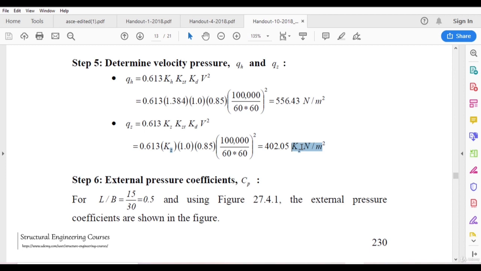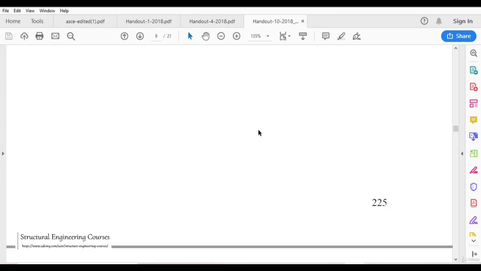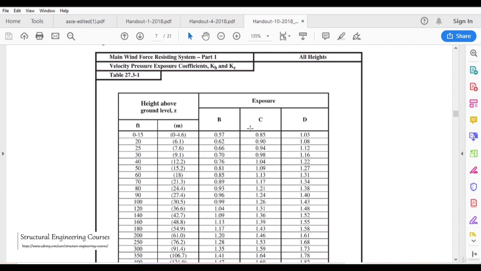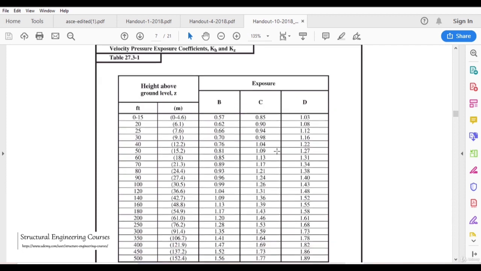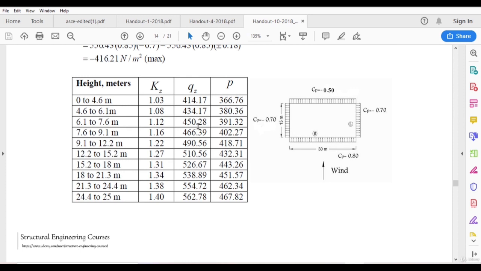And if we see our basics, this is the table that determines the KZ. For different heights, the KZ value is different. In our table here, KZ he has calculated for 0 to 0.46 meters. It is KZ is 1.03.